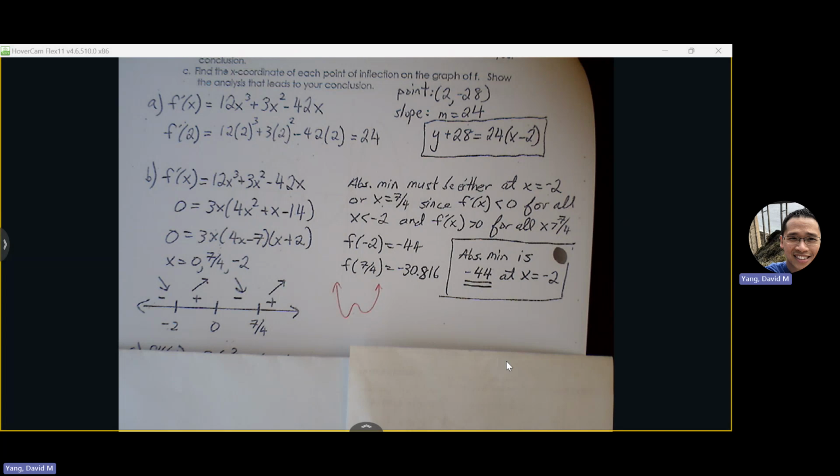Okay, part C, find the x coordinate of each point of inflection. To get to the point of inflection, we have to make our way down to which derivative level? Point of inflection, is that coming from the original function, from f prime or f double prime?